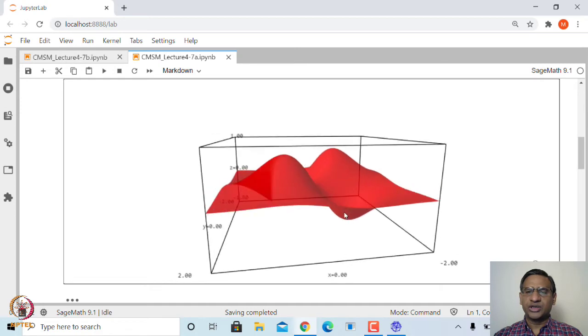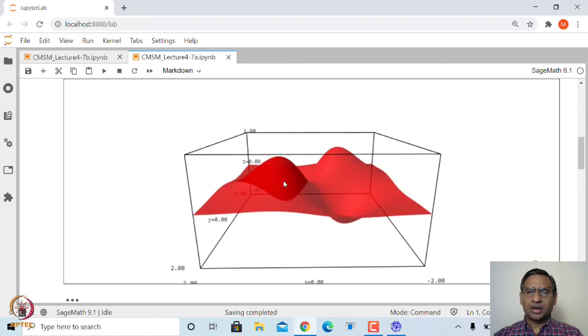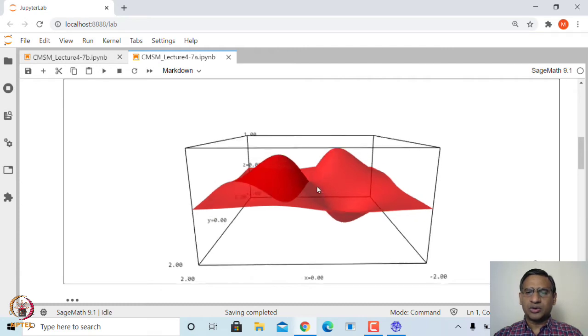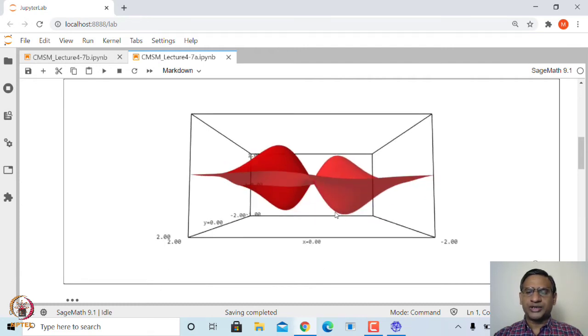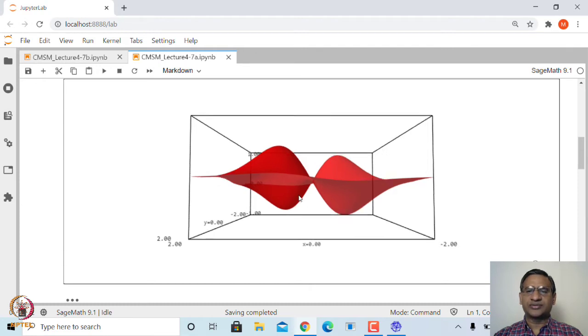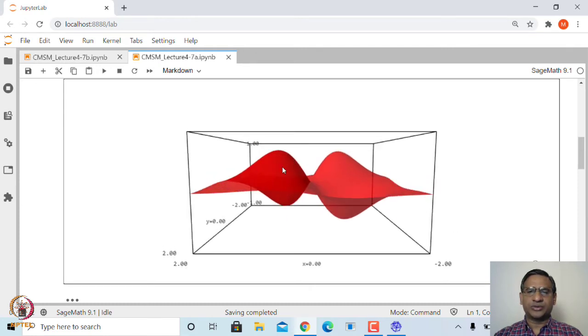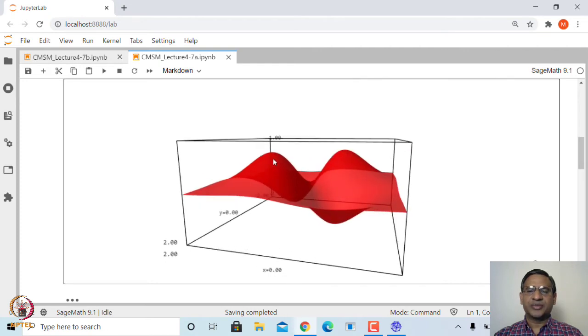Similarly, if you look at these 2 points, again points of local maximum or local minimum, at this point if you draw the tangent plane to this surface, that tangent plane will be parallel to the xy plane. That is the same as saying the tangent plane will have an equation z is equal to some constant, which again tells us that the first order partial derivatives of the function at these points should be 0.